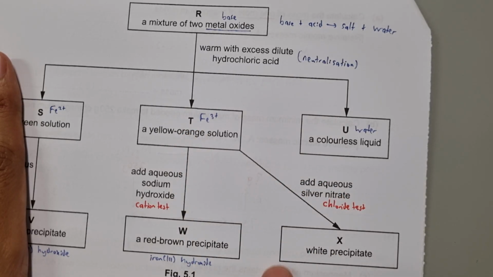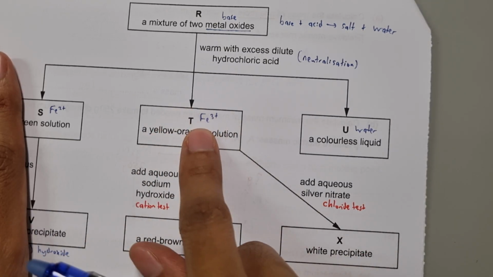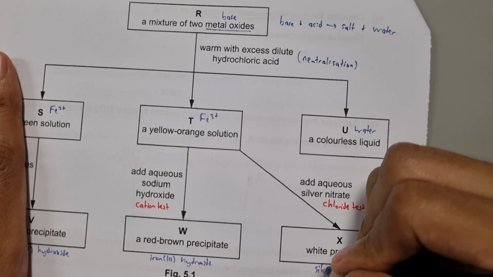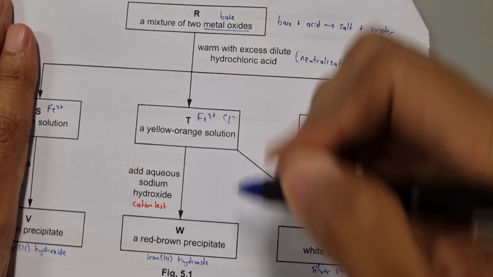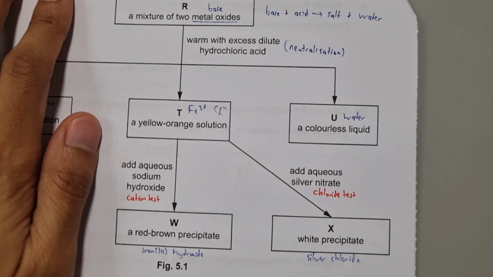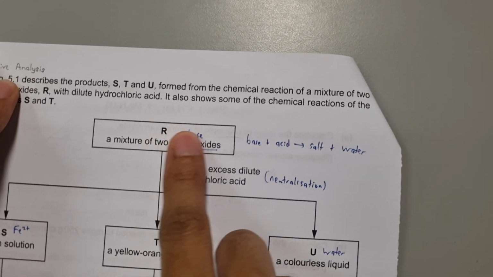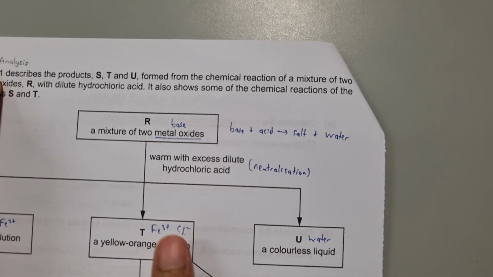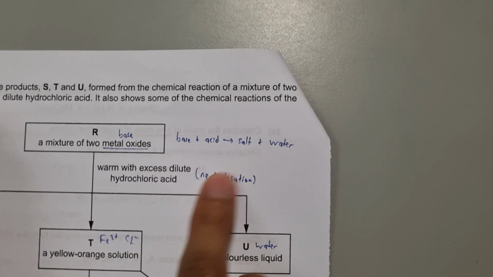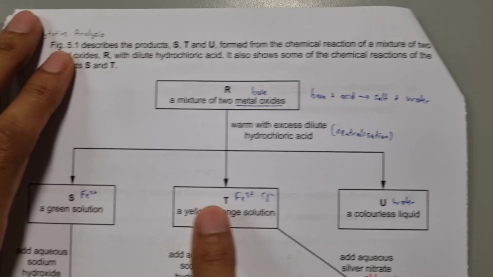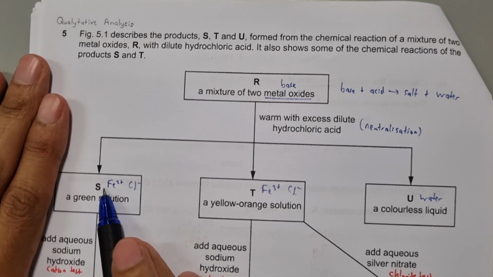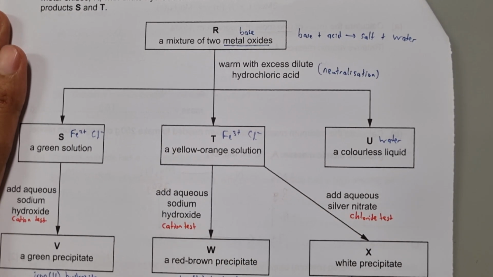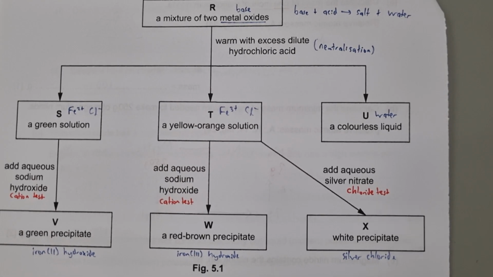Since there's white precipitate, that means the silver reacts with the chloride inside T to form the white precipitate of silver chloride. That means T contains chloride. Which makes sense because from the oxide, you react with hydrochloric acid, so the salt that you get is the chloride. Actually this one also contains chloride. So we have iron 2 chloride for S and iron 3 chloride for T.